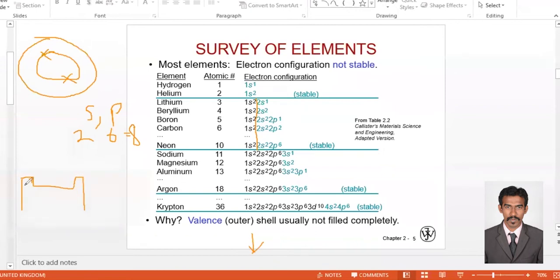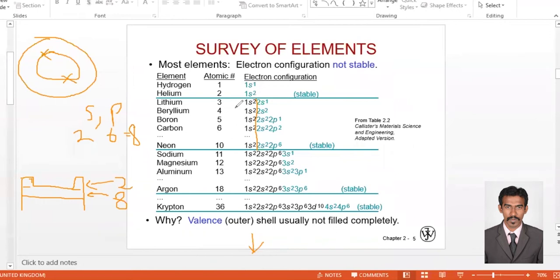This is our first orbit, 2 maximum. Then comes our second orbit, that is what we are now talking about. That is 8 electrons or 8 elements we can have.